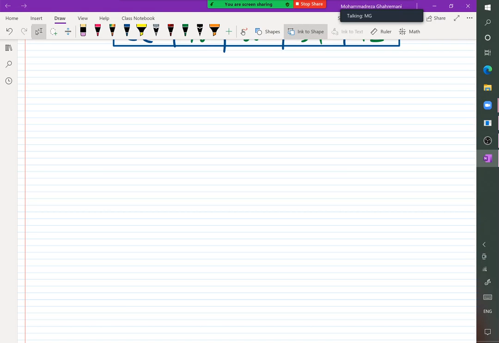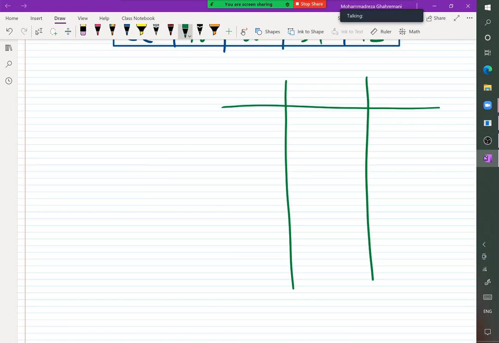So let's have Big Endian, Little Endian, and address. Let's start with the address in hexadecimal. So the address is in base 16. Let's start from address 200.